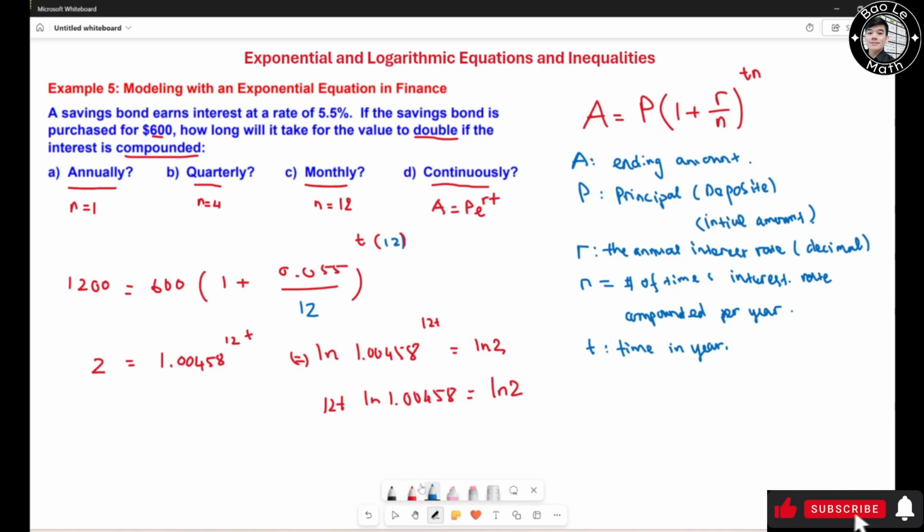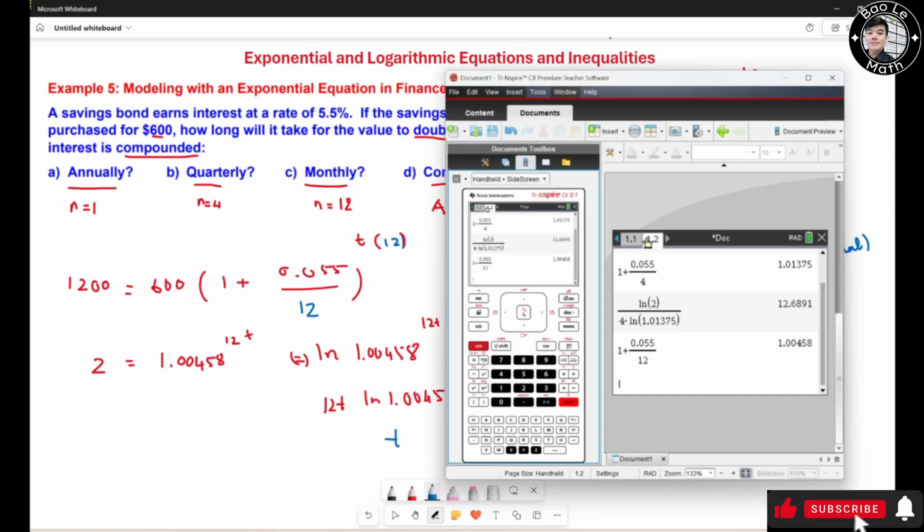And then divide both sides by, so t equals natural log of 2 divided by 12 times natural log of 1.00458. And then we're going to pull up the calculator.